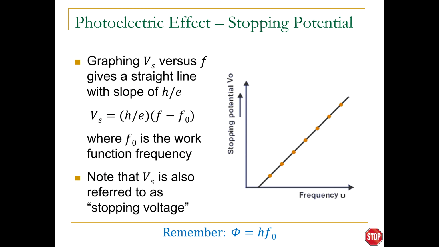We can simplify that equation a little, replacing q with the charge of the electron, e. We've also factored out h from both terms in the original photoelectric effect equation, so the work function term reduces to f naught. Remember that work function is an energy, and h times f is equal to energy.